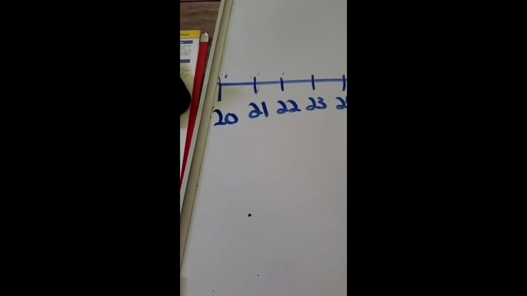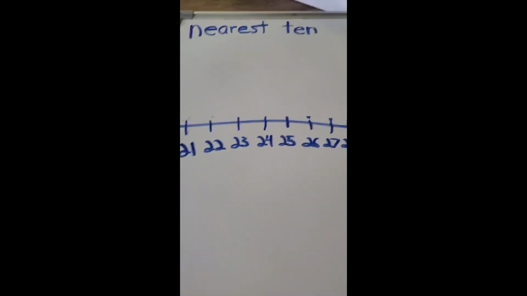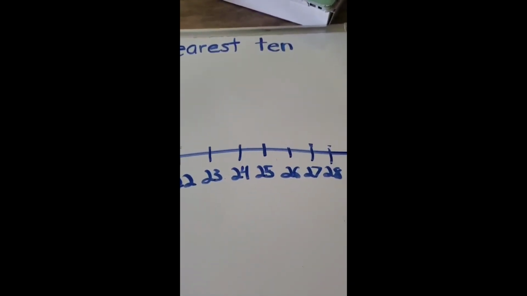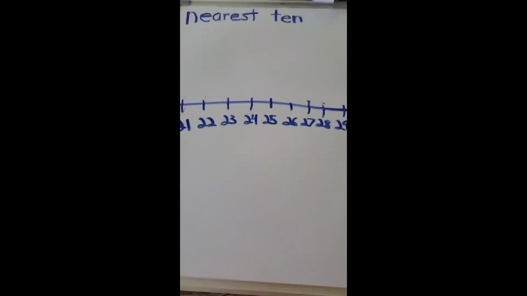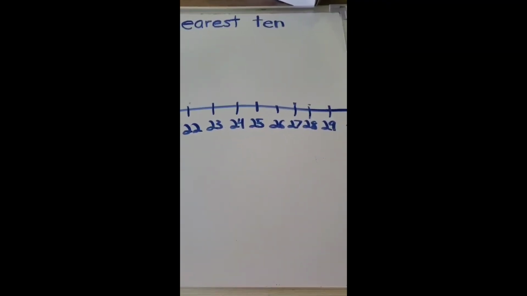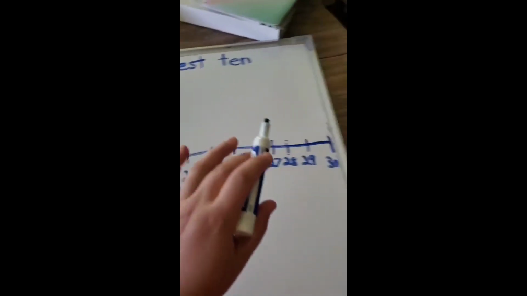Okay, so now that you have your number line like this, if it doesn't look like this, you need to get it to be that right now. And I'm going to choose a number, okay? And I want you to find the nearest 10, meaning which one is it closer to, either 20 or 30, okay?